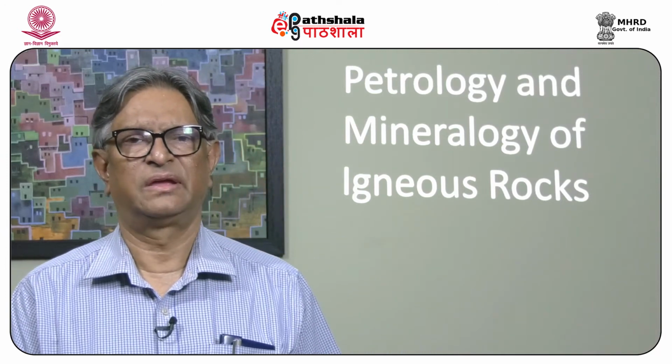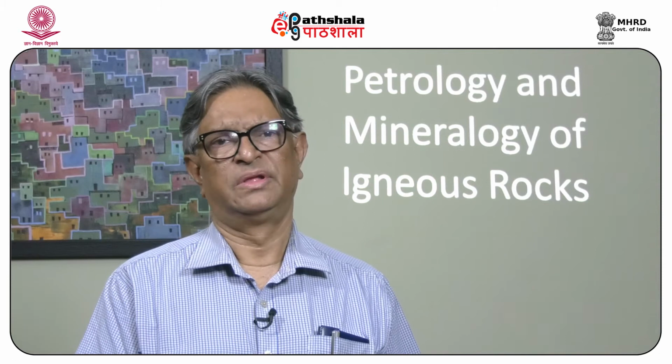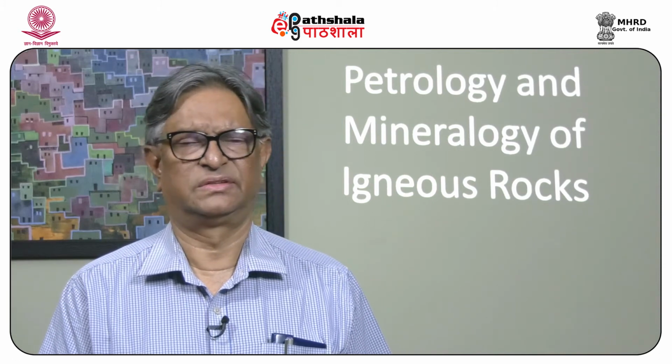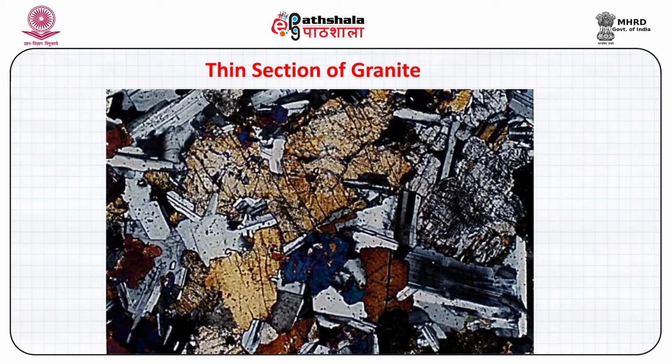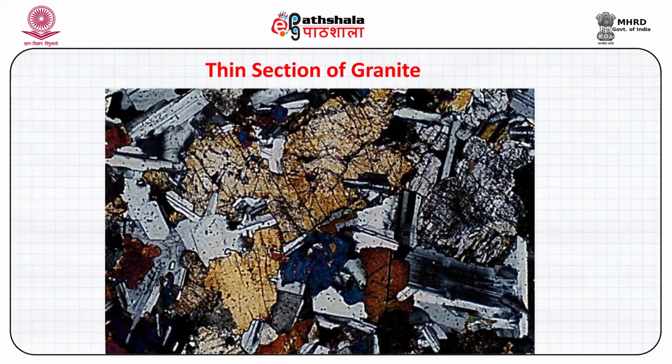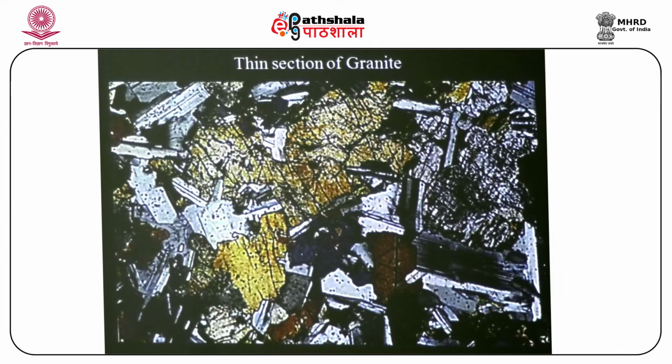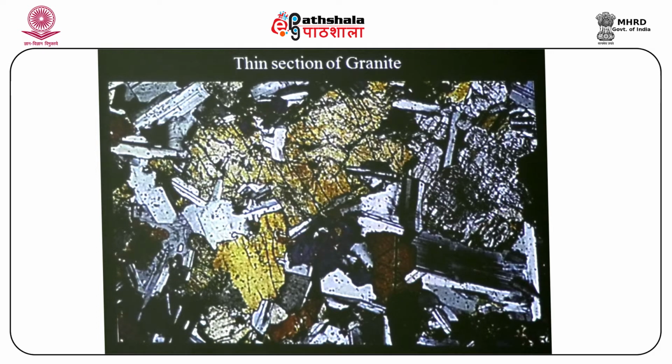We will be showing you some of the rock slides and how the minerals look, and then we will discuss their occurrences and their important characters. So, what we see here is one of the most common igneous rocks of plutonic origin, that is, rocks crystallizing at depth.